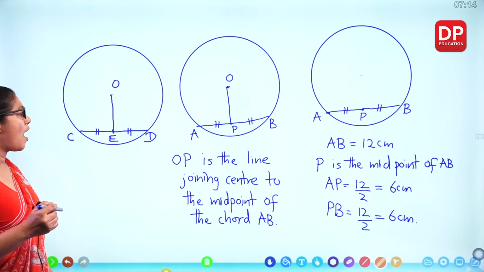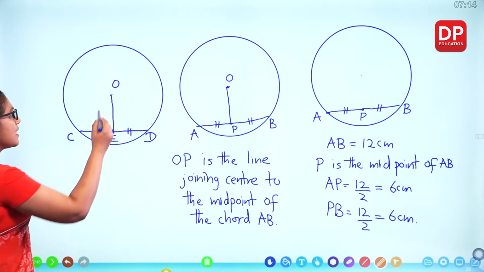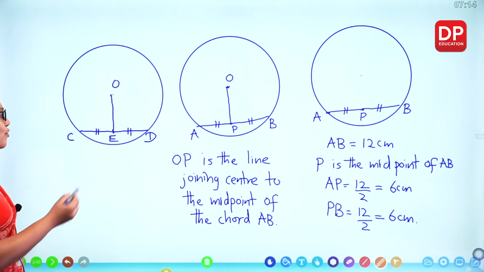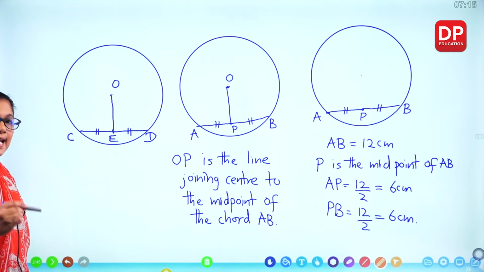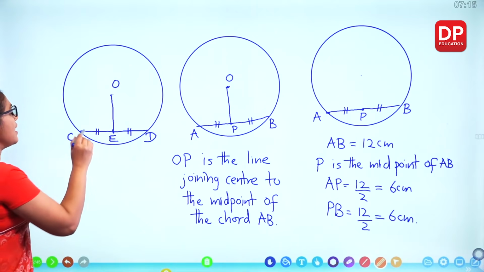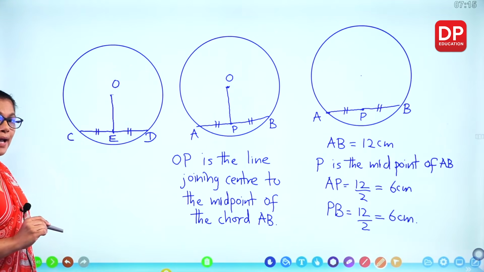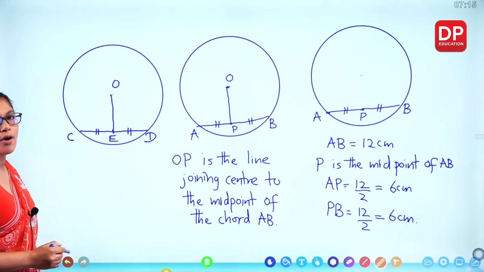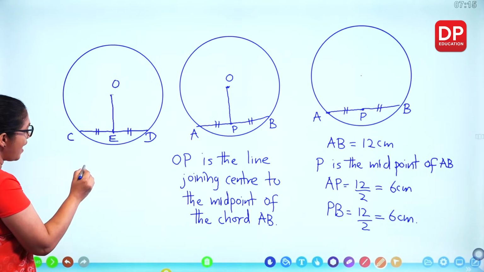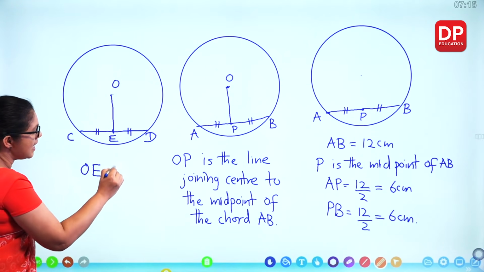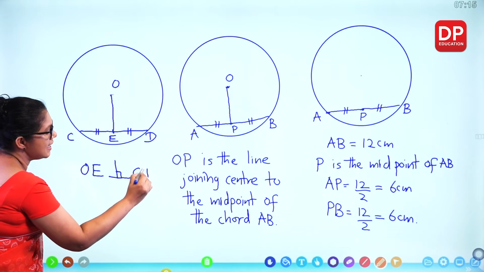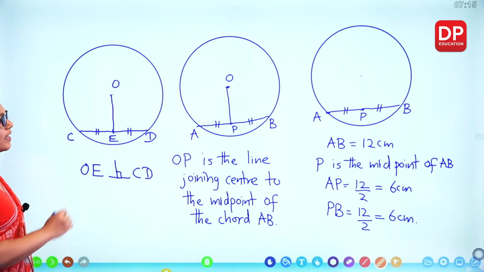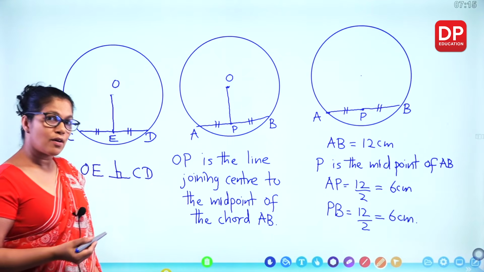We'll see how we can show that with a formal proof. So here there's a property. The line joining the center with the midpoint of the chord is always perpendicular to the chord. So here we can write OE is perpendicular to CD. These are all about chords.